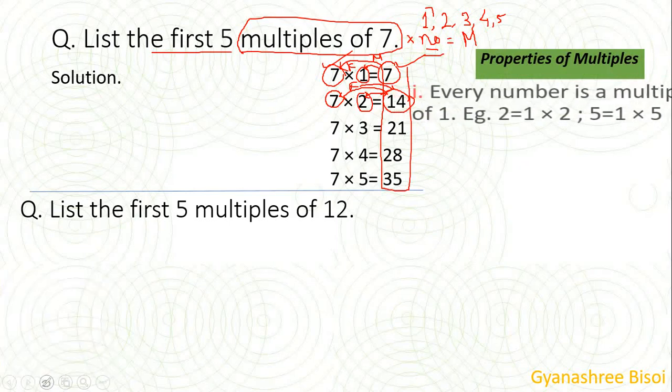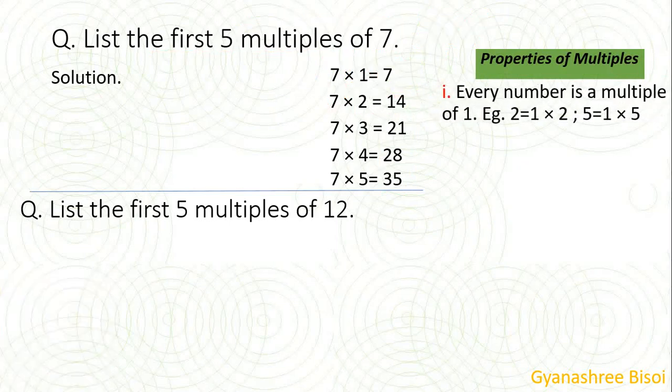First property, every number is a multiple of 1. How is every number a multiple of 1? See. Example, 2 equals 1 multiplied by 2. Right? So 1 multiplied by 2 equals 2.